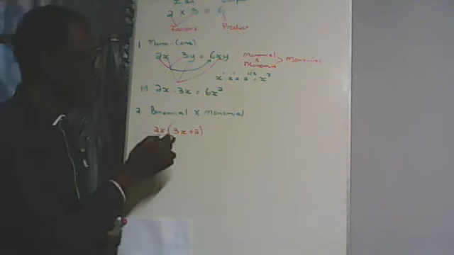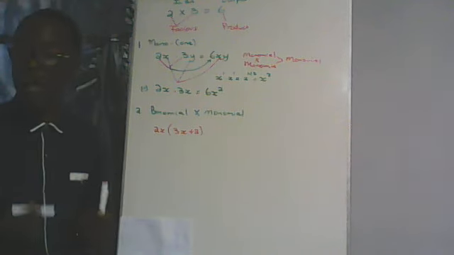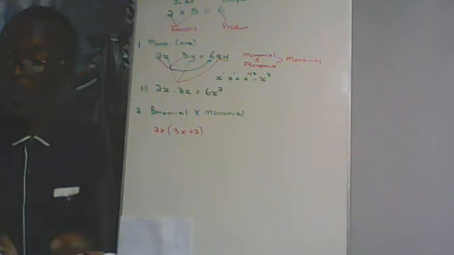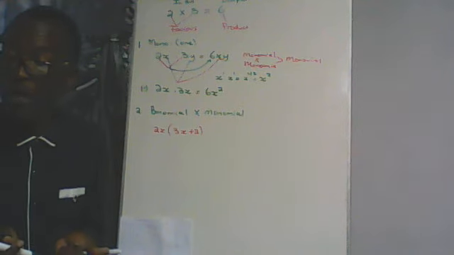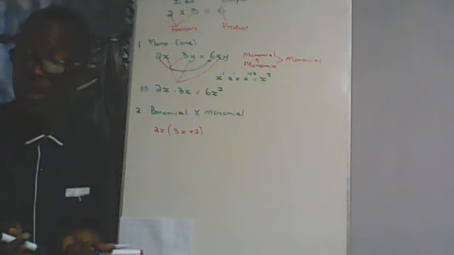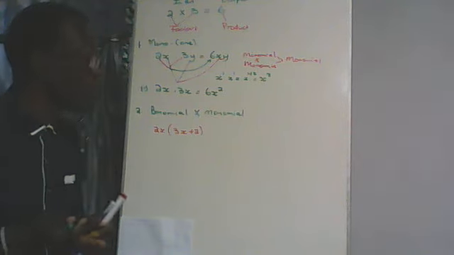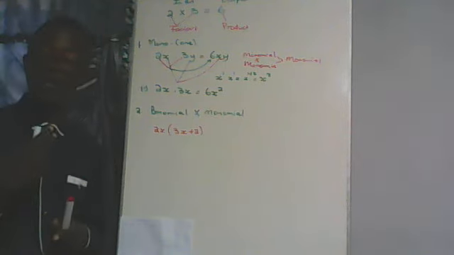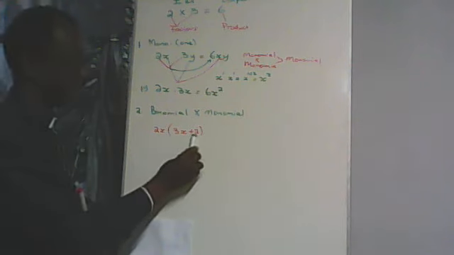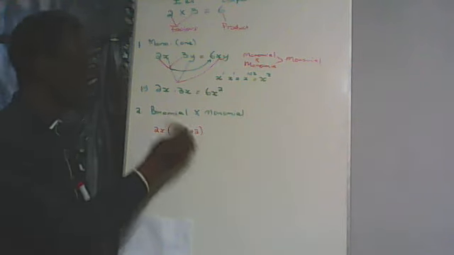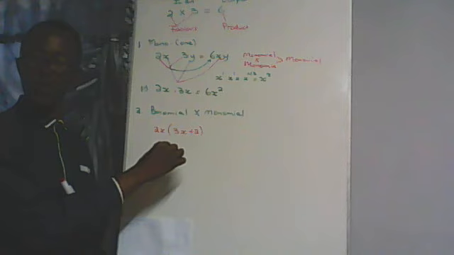Now, bracket, according to BODMAS, bracket means multiplication. We solve that which is within the brackets first. We simplify that if it is simplifiable. If not, we move outside the brackets. Is it simplifiable? Nope. Then we get outside. What do we have to do?